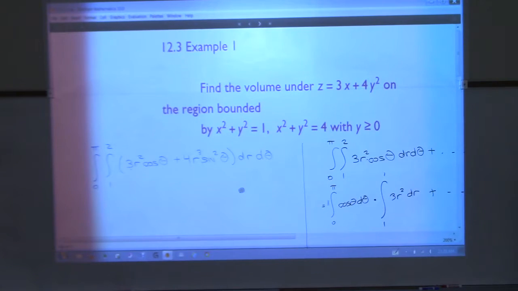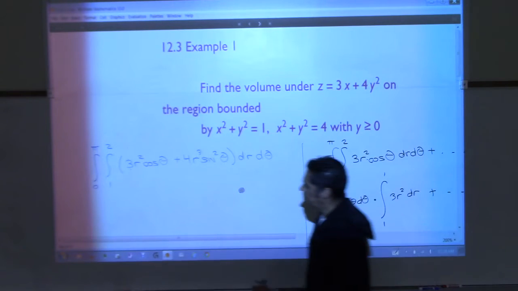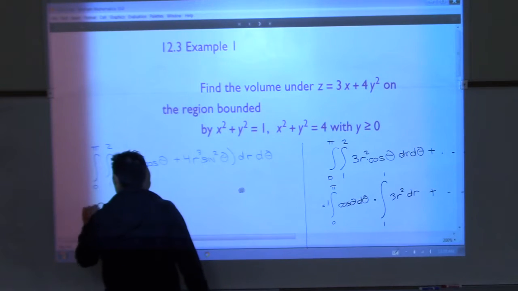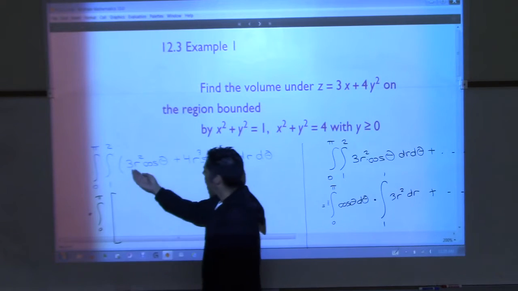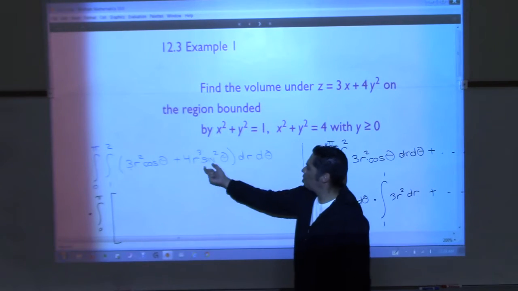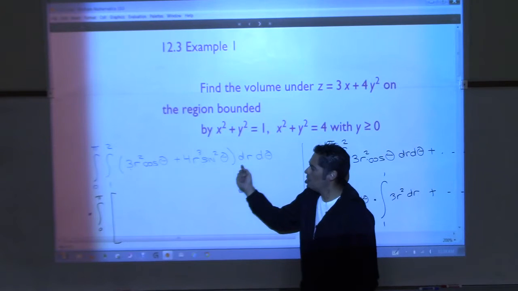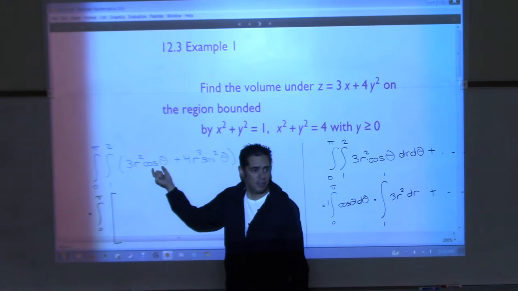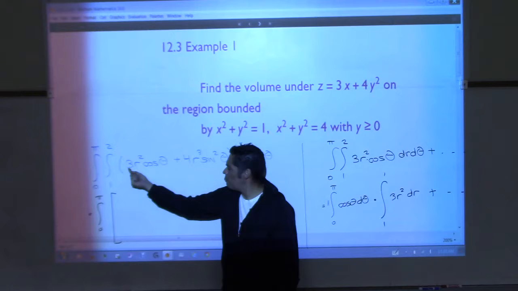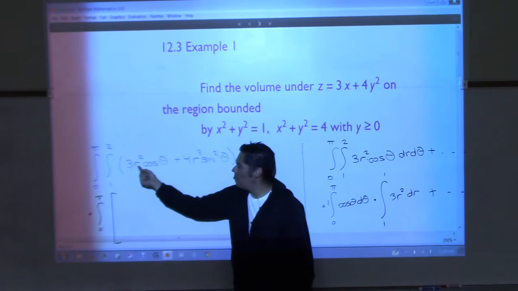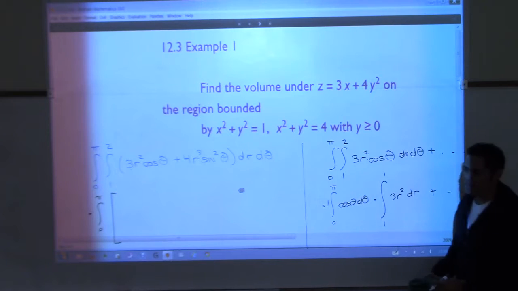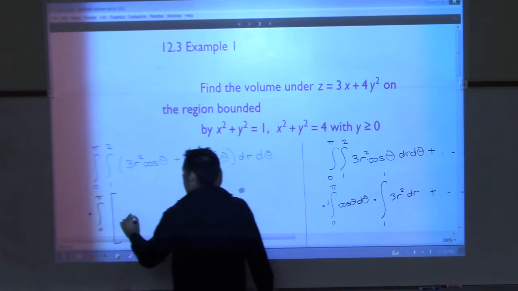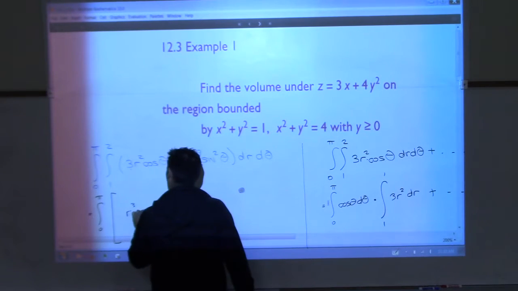I just go ahead and integrate it. At this point, integral 0 to pi. Here's my inner one. I'm going to integrate this and this both with respect to r first. So cosine theta is a constant, 3 is a constant. I ignore the 3 and the cosine theta. I integrate r squared, which is 1/3 r cubed, and that hits that 3, so just r cubed cosine theta.